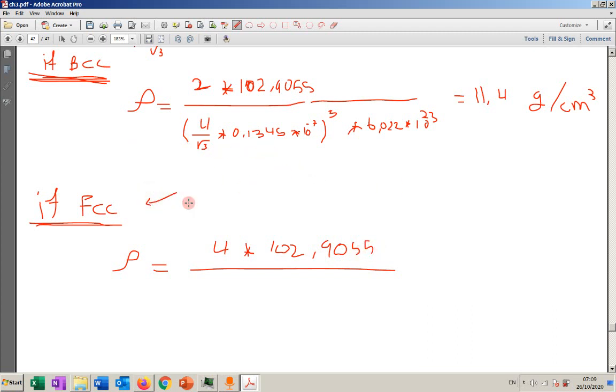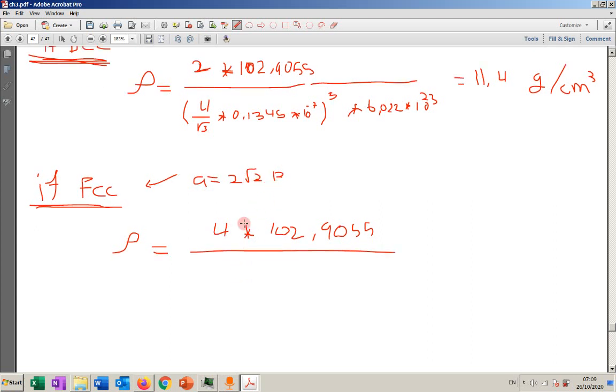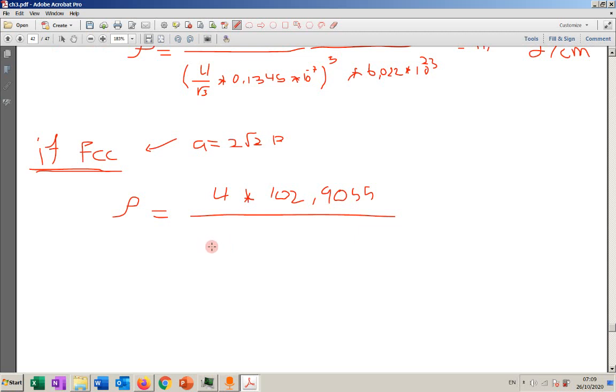Because in FCC we know that a is equal to 2 root 2 R. So we're going to write it here. And the R is 0.1345. Again, I'll change it to centimeter, 10 to the power minus 7. Then I'll cube it. This will be a cubed. And then multiply by Avogadro number.